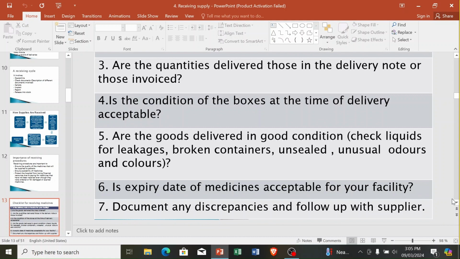In case there is something unusual, you have to check the ingredients that they have used. Maybe the coloring agent was changed, but if it is all the same as the others that you've been receiving, meaning there is a problem with this specific delivery. And if there is a problem with a specific delivery, there is need for you to fill a discrepancy form and reject it.